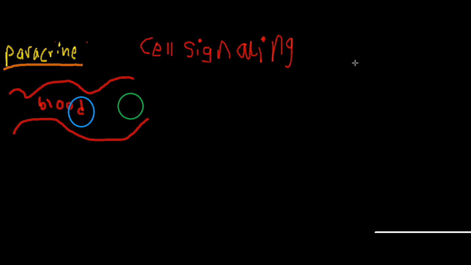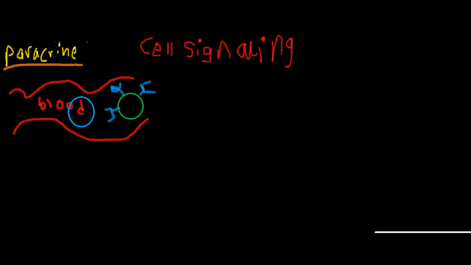So let's say that the green cell has the receptors of the blue cell. Like cells have receptors. And maybe here's another one right here. Here's another one. Maybe here's another one. I mean, they're not supposed to be realistic.